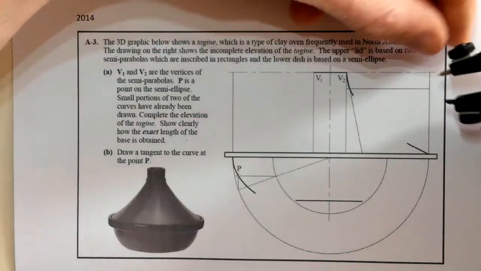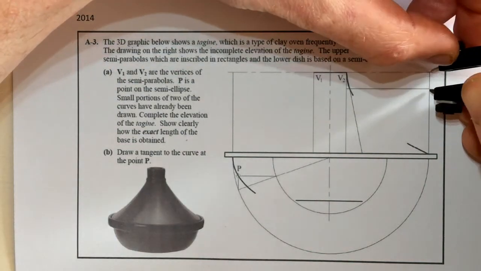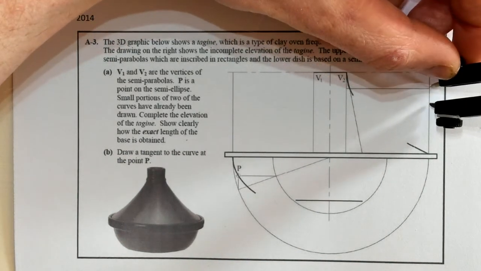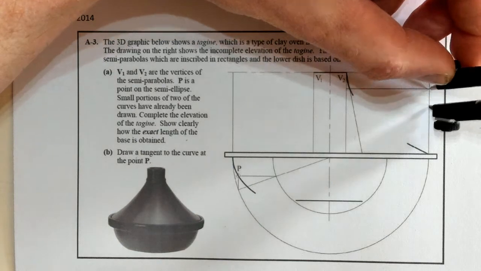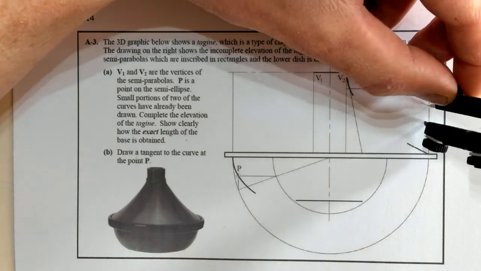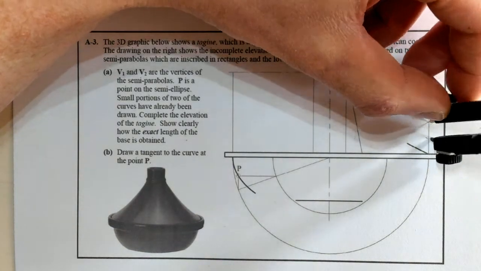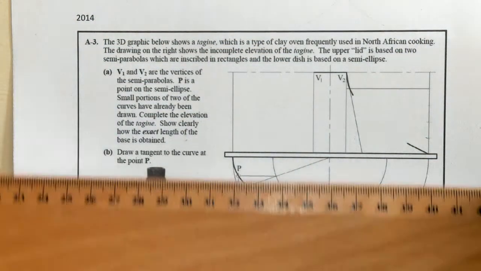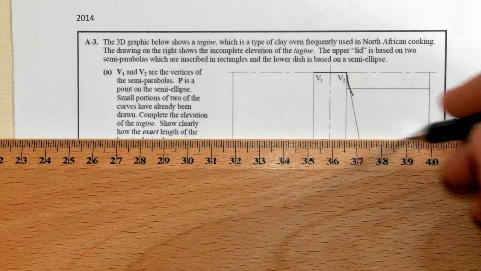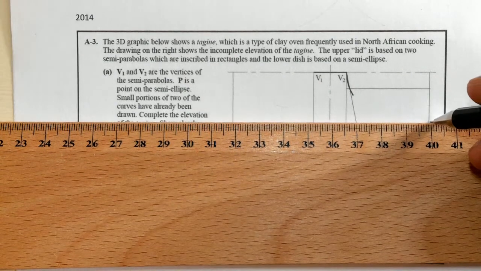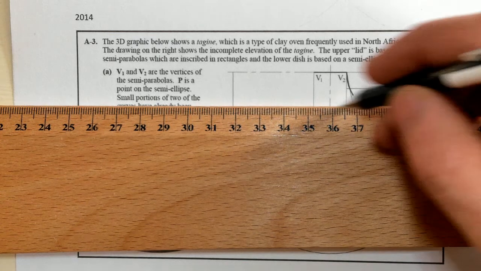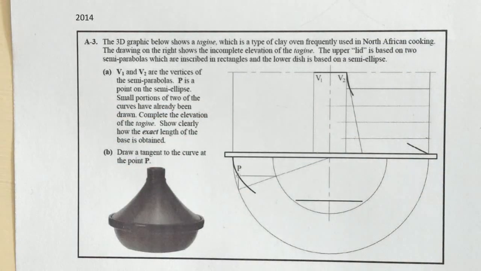So what I'm going to do is just take the width there that they've already given us, and step that off along the side like so, and I'm going to lightly bring those across there.